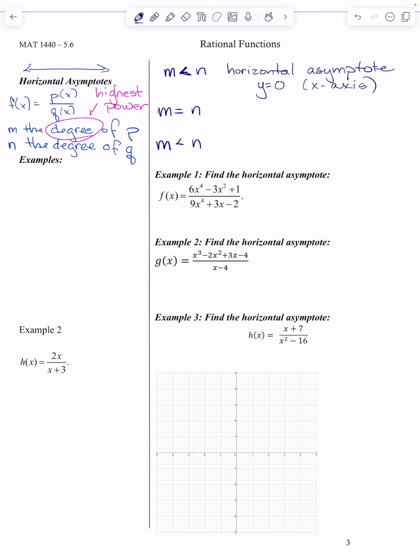If the degree of the numerator equals the degree of the denominator, your horizontal asymptote is at y equals the ratio of the leading coefficients.